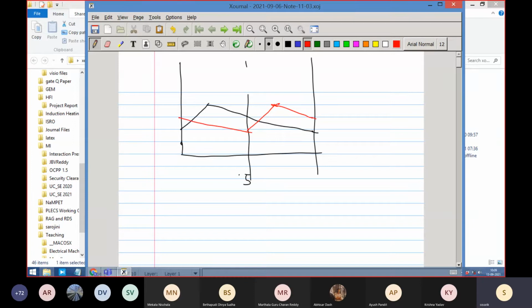Obviously these two lines will be parallel, right? So hope you understand. So this is what is delta I, the ripple. Let us call this initial point as I naught.